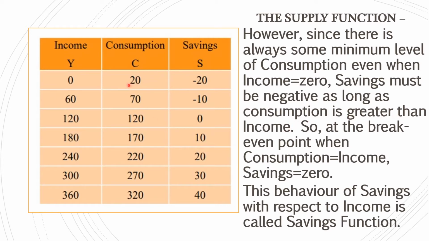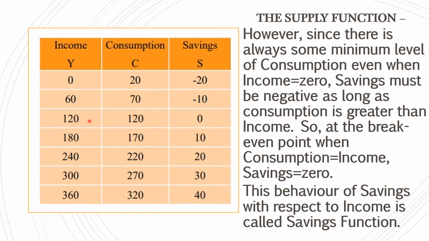See here, when consumption is greater than income, savings is negative. Here as well, consumption is 70 and income is 60, and so savings is negative 10. So as long as consumption is greater than income, savings will be negative. When will savings be equal to 0? When income is equal to consumption.